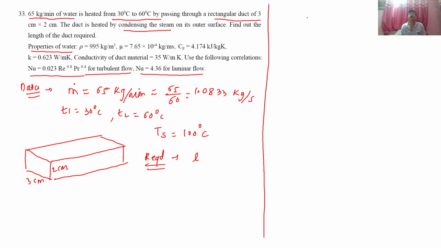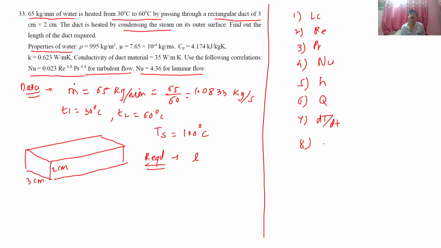If you recall, what is the procedure for forced convection? The first step is LC, second step is Reynolds number, third step is Prandtl number, fourth step is Nusselt number, fifth step is h, sixth step is Q, seventh step is dT by dt, but that is not mandatory. If it is asked, only then you need to use it.